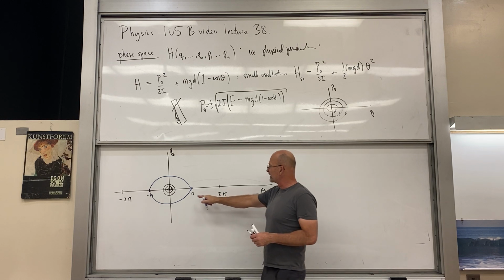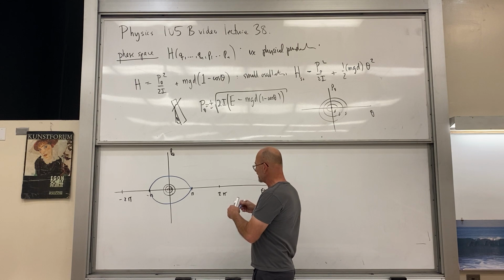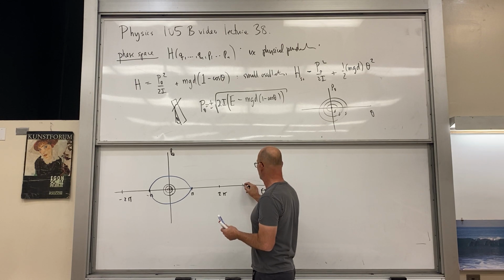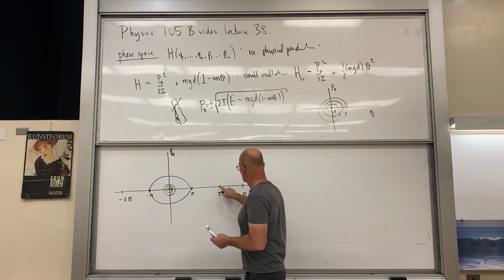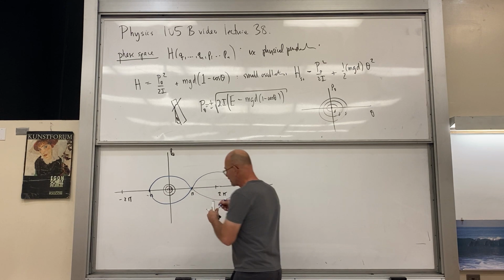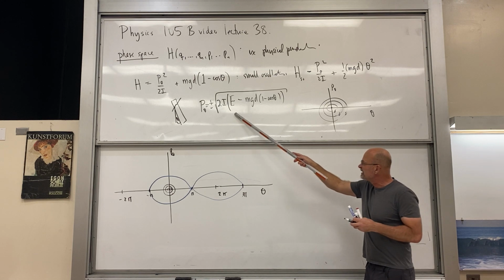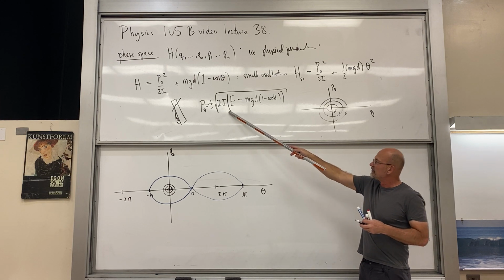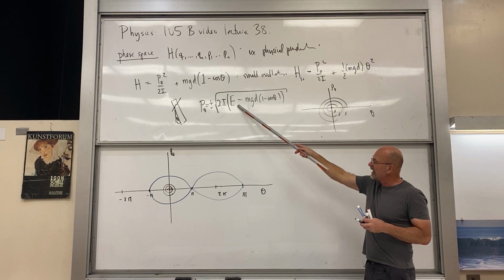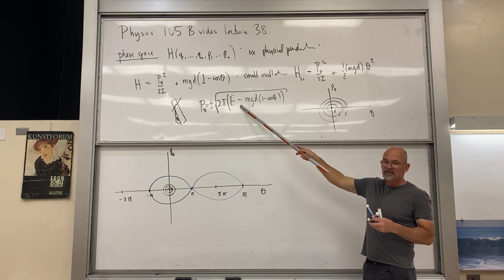So pi is an unstable equilibrium, 2 pi is a stable equilibrium, and then 3 pi, we'll just do it here on the right side. These are supposed to be symmetric. So this curve here, not an ellipse anymore, is certainly easily available from this expression if you have the right value of the energy, namely 2 times mgd.